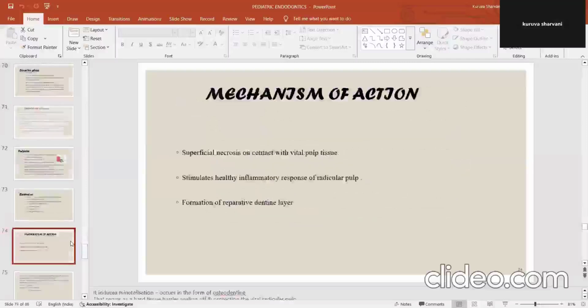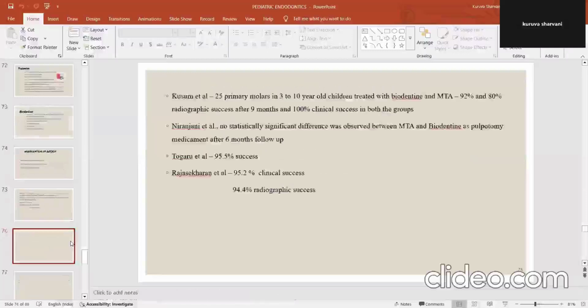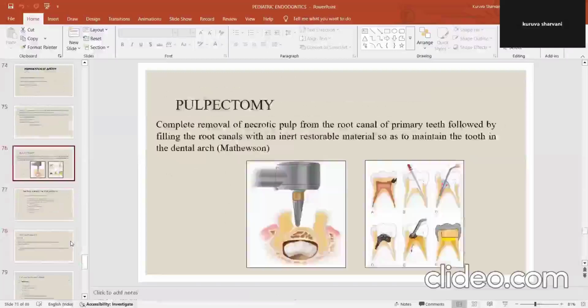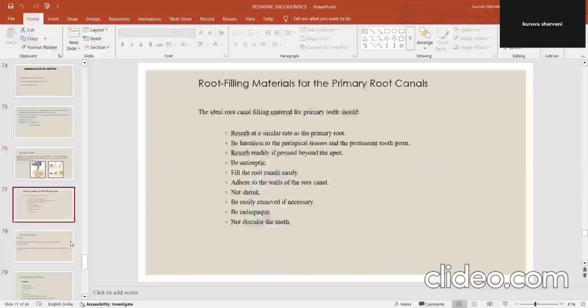Coming to the major procedure, that is pulpectomy, that is complete surgical removal of infected pulp from the root canal of the primary teeth, followed by placement of an inert restorative material to maintain the teeth in the dental arch. The students will get confused between pulpectomy and root canal treatment.